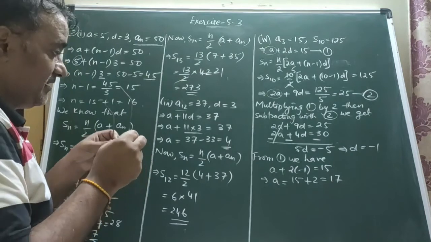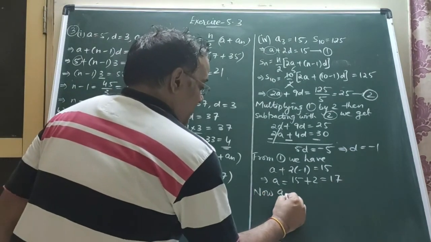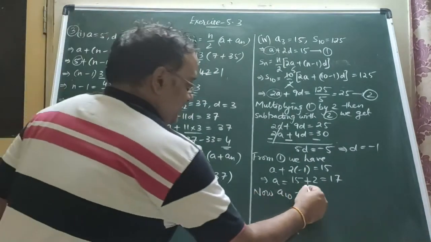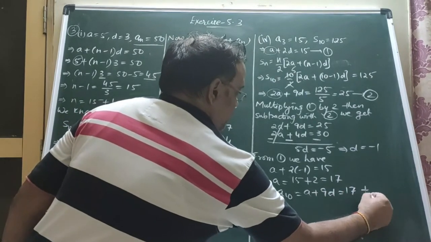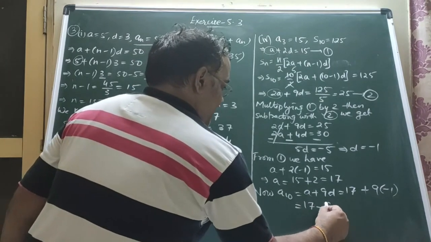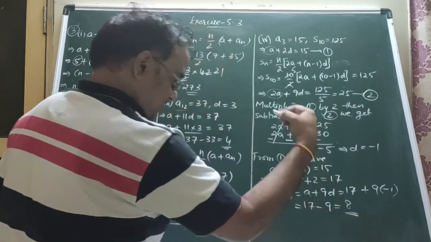Okay, and now we have to find a10. What is a10? How will you write a10? a plus 9d. Now substitute the value of a and d. So 17 minus 9 becomes the final answer, 8.